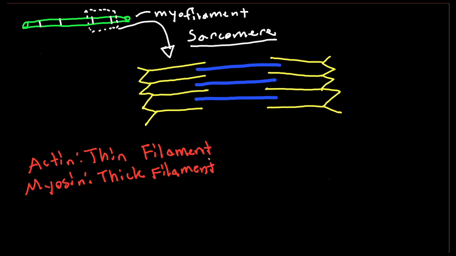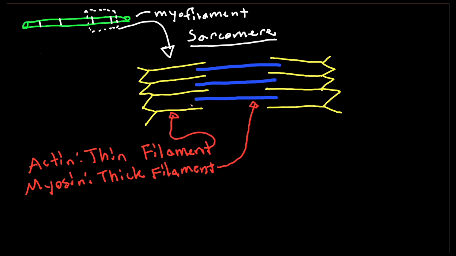I try to represent those up here, but of course it's not the best, but this thick band right here will represent myosin, and this thin filament right here will represent actin.